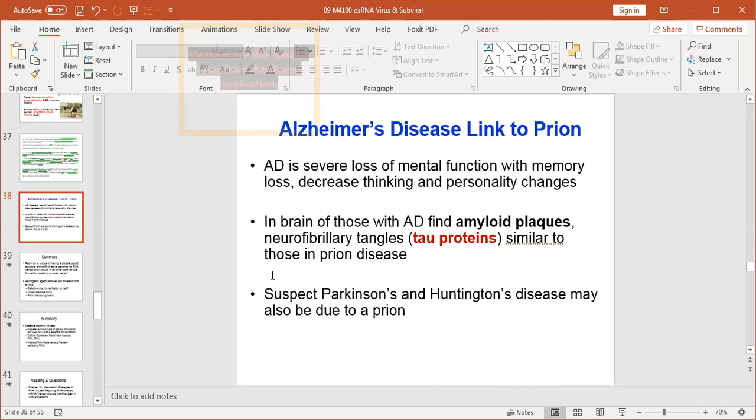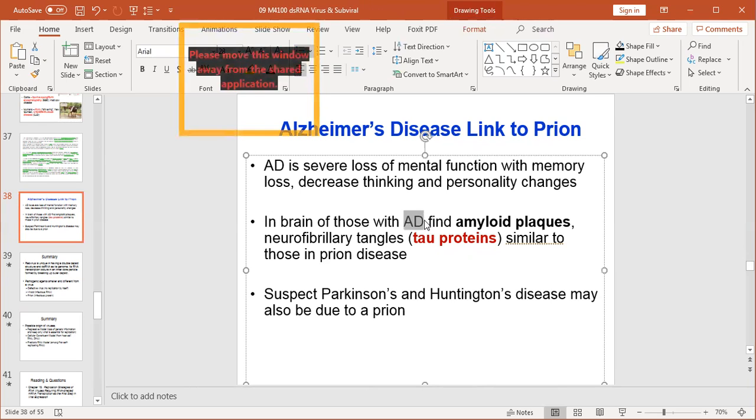In the brain of those patients with Alzheimer's disease, we see something called amyloid plaques. These are basically neurofibrillary tangles due to proteins called tau proteins. This process of amyloid plaques is very similar to what we see in prion diseases.